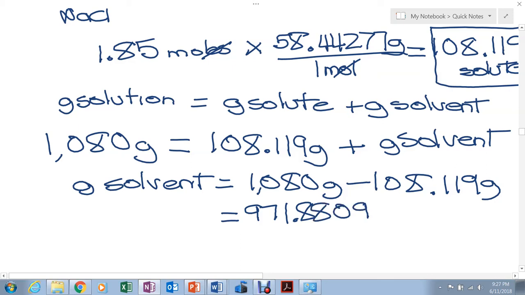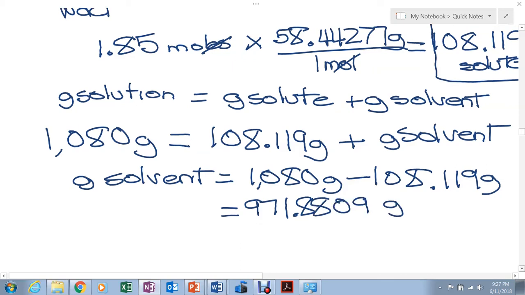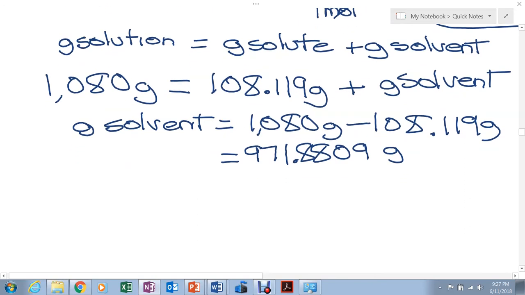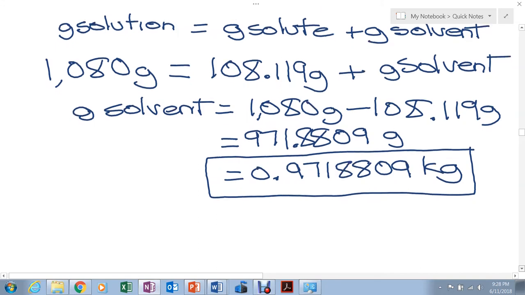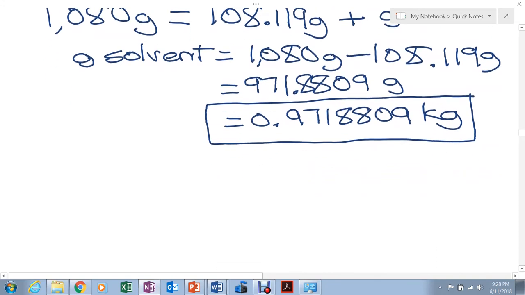971.8809 grams. Convert it to kilograms: we divide by 1,000, moving the decimal place 3 to the left, and it's 0.9718809 kilogram. Now we've got the kilograms, so finally we can find the molality.